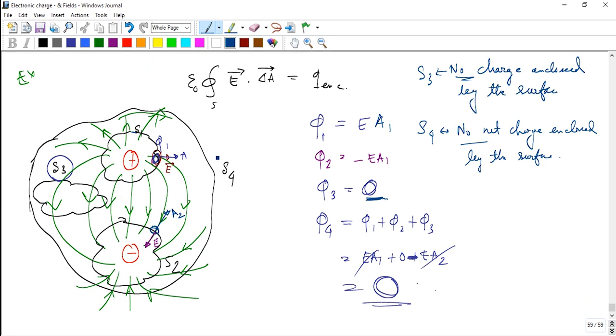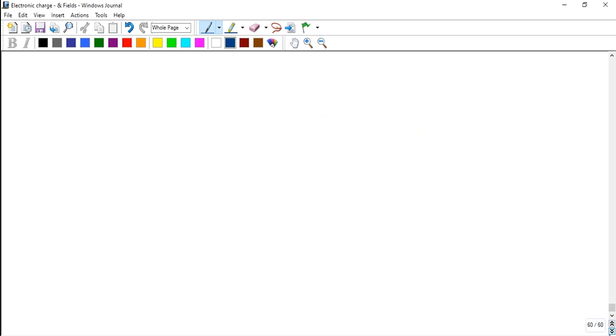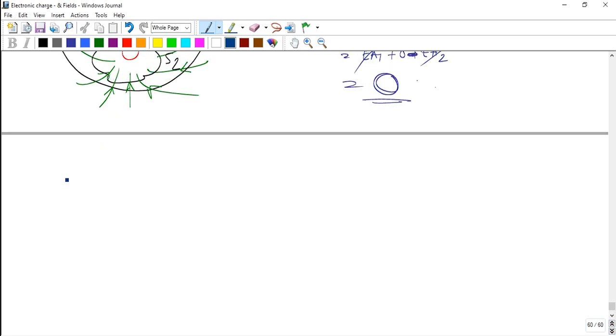Okay. Now derive Gauss's law and Coulomb's law. Gauss's law to Coulomb's law in electrostatics.